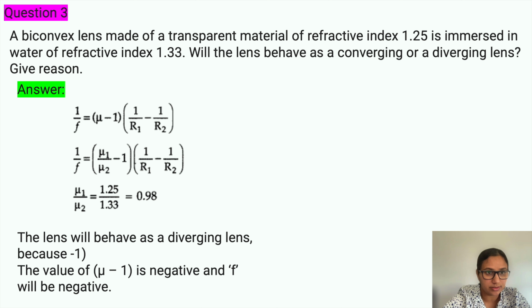Here the answer is, use the formula 1/f equals (mu minus 1)(1/R1 minus 1/R2). Taking the ratio of the refractive indices of the two media, we get 0.98. Just because the refractive index of water is more than that of the material of the lens, the f value will be negative, that is the focal length is negative, and it will act as a diverging lens.